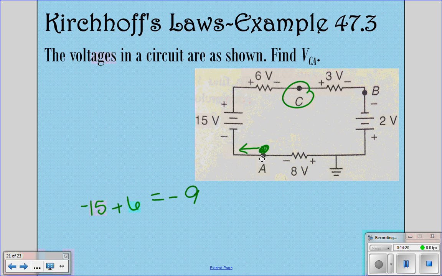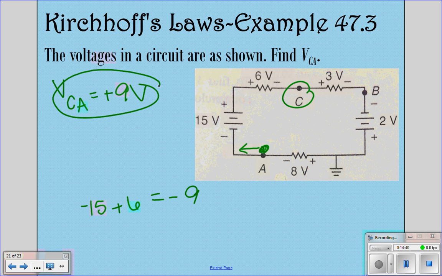And so that's if you go from A to C. They wanted us to do from C to A. So if we went the other direction, from C to A, we would get a positive 9. So VCA is going to be a positive 9 volts. And so that would be your answer. You start at C, and then you go to A.